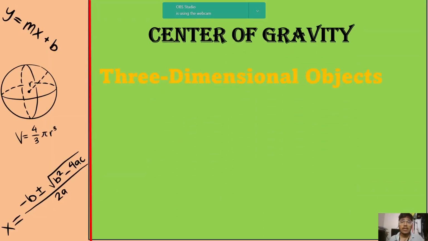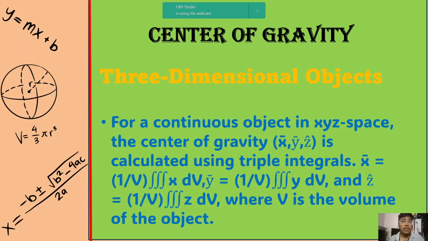That formula was for two-dimensional objects, and this one is for three-dimensional objects. So what is the formula for this? For a continuous object in xyz space, the center of gravity is calculated using triple integrals, obviously.